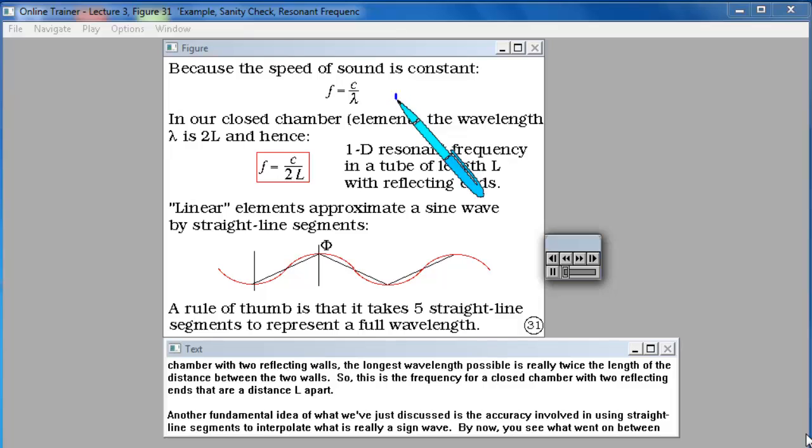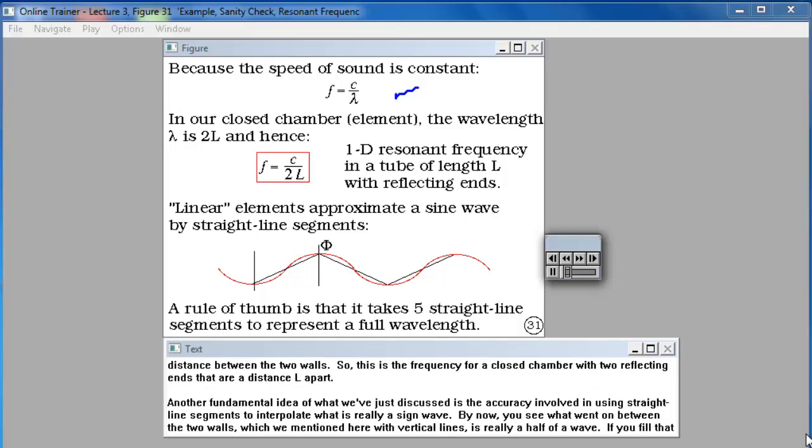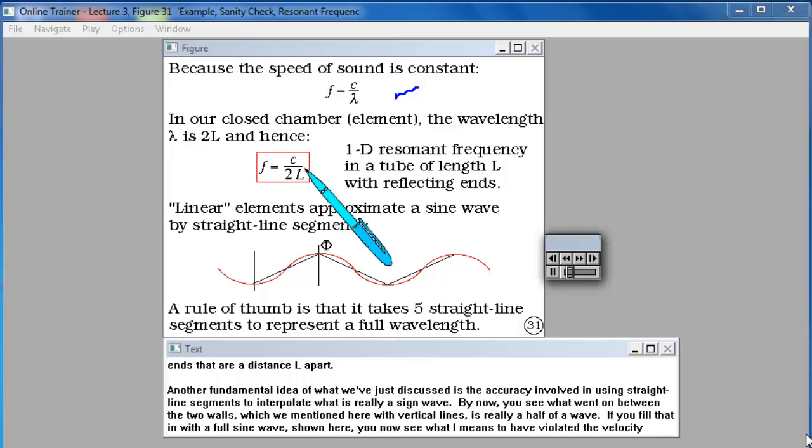And the thing to remember is that in a closed chamber with two reflecting walls, the longest wavelength possible is really twice the length of the distance between the two walls. And so this is the frequency for a closed chamber with two reflecting ends that are distance L apart.